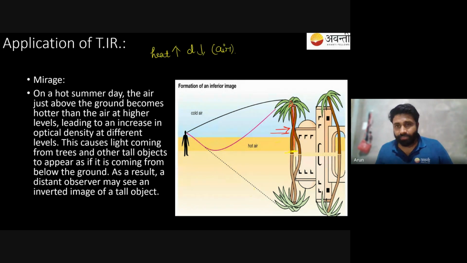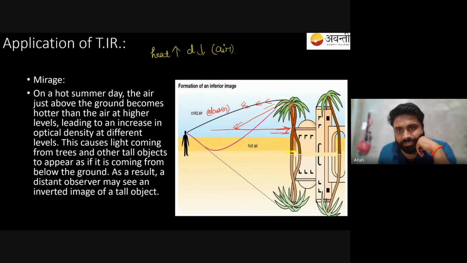What is happening? The ray is coming in this direction. If I consider the ray diagram over here, the ray is coming in this direction. But there is a boundary, because this cold air is denser, and this hot air is rarer.